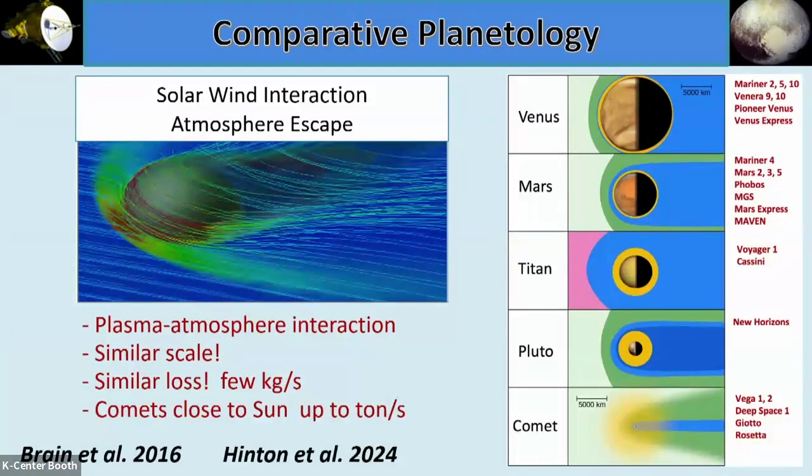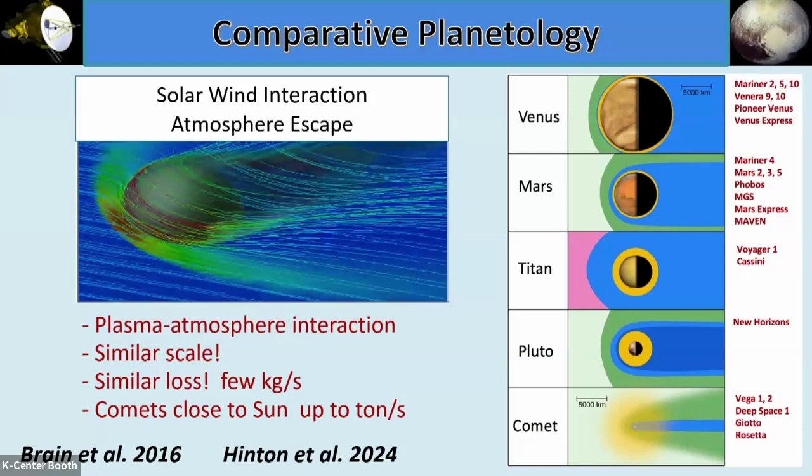I'll end with some really interesting recent results. Dave Brain's group at the University of Colorado Boulder looked at this some years back and thought: what happens if we look at different atmospheres throughout the solar system, and the solar wind interaction with these atmospheres? These are planets that don't have magnetic fields and have interaction of the solar wind with their atmosphere.